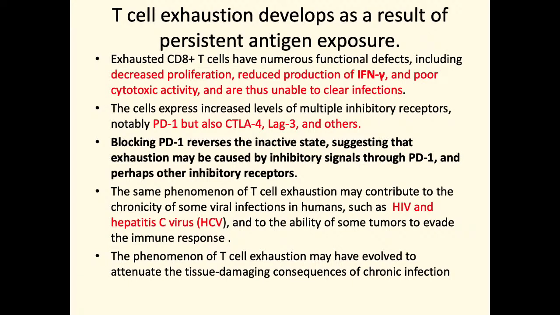And also LAG3 is another important protein for T cells, and it actually inhibits T cell activation. Those viruses express this LAG3 and CTLA-4 in order to avoid the immune system. And why do we need this? Let's talk about HCV. HCV actually does not kill hepatic cells.